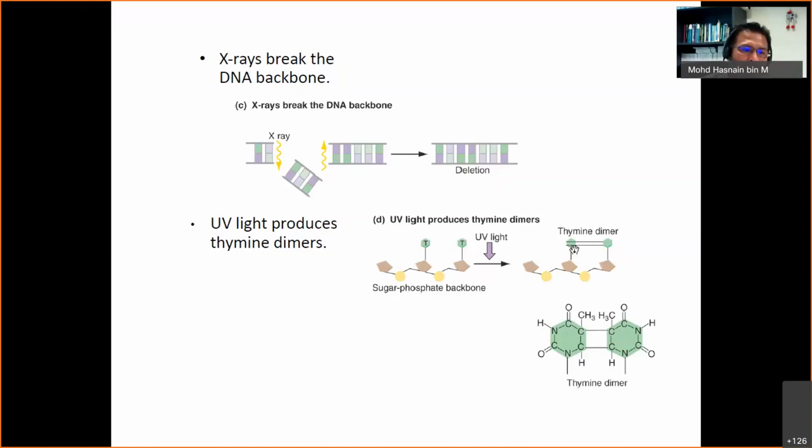But when somehow there is a dimer and replication is occurring, they cannot recognize the thymine, so the polymerase cannot add adenine to pair with this one. The polymerase cannot add adenine, they will just randomly add another nucleotide, or sometimes they just skip this area. Okay, so it becomes shortened, deletion can occur as well.